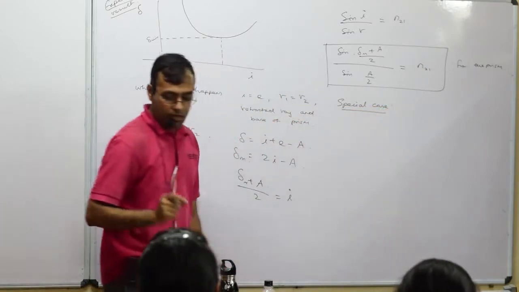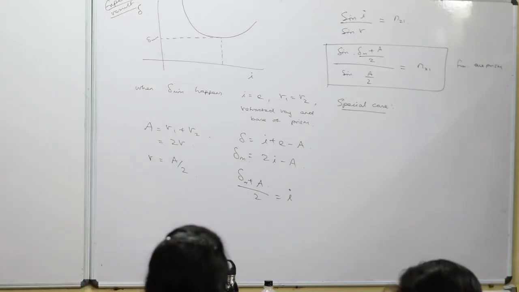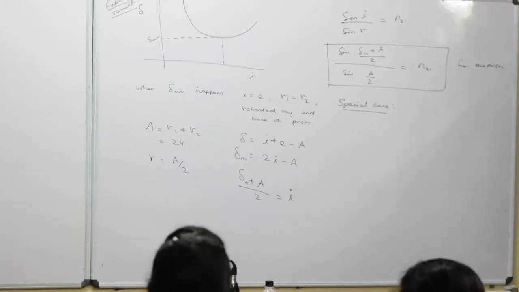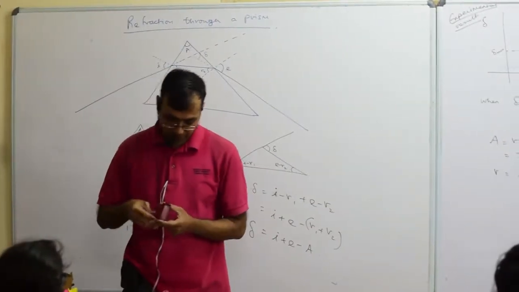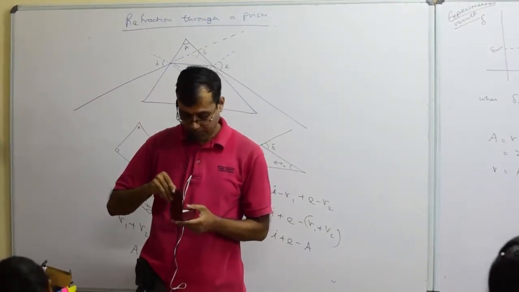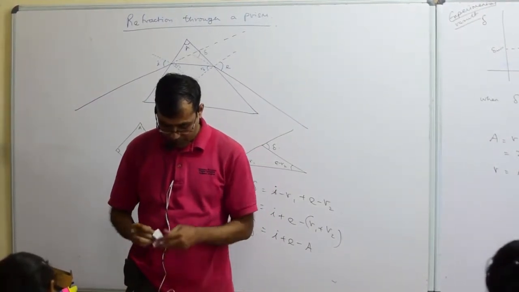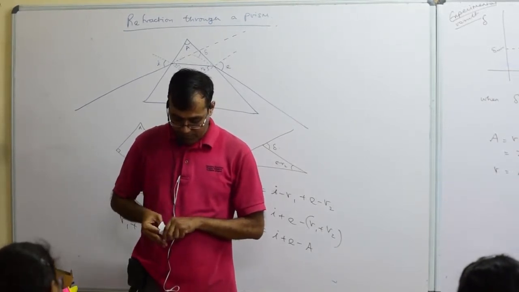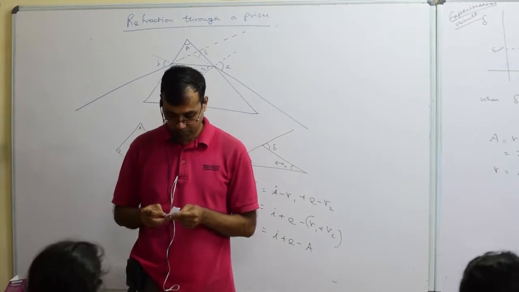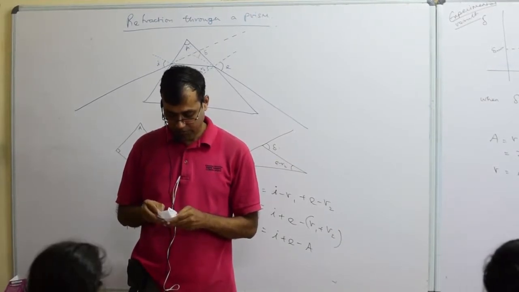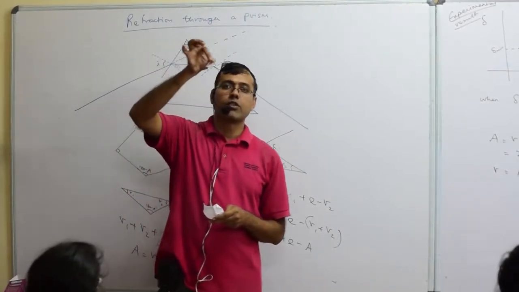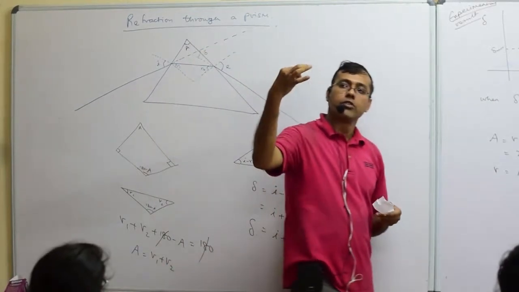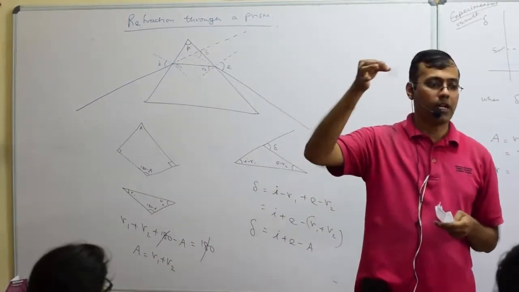There is something called a small angle prism. I don't know if I have something to show you quickly. See that? From this side, it looks like a glass plate.